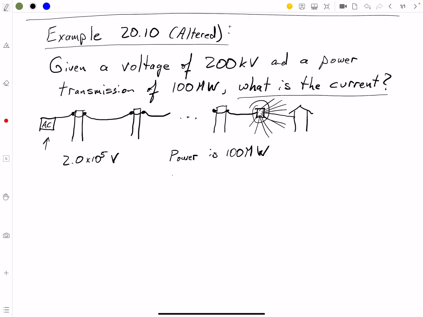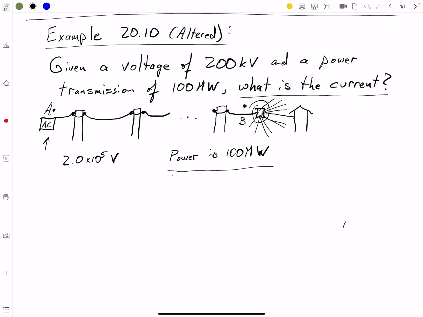But at any rate, we want to transmit that much power from this generator at point A to the point B station. It's a transformer station, is what it is. Awesome. So far, so good.